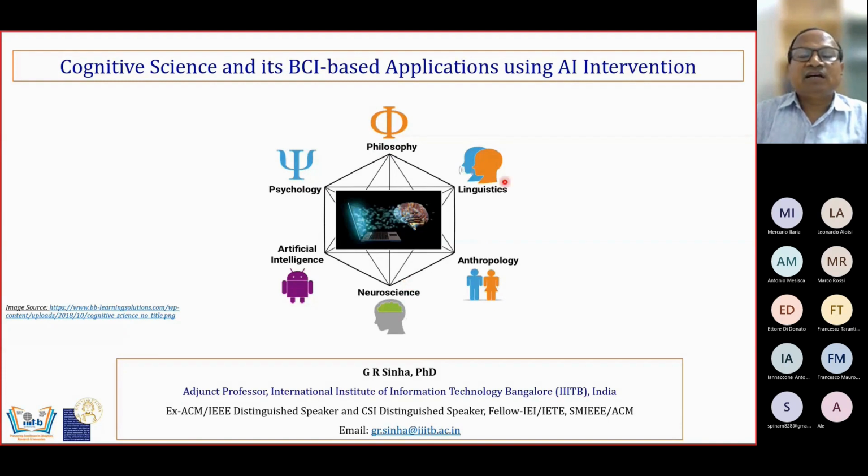The purpose of putting this picture here is to give you an idea of what cognitive science is. BCI alone is not cognitive science. Cognitive science does not only talk about AI and BCI. Rather, AI and BCI are important components of a discipline called cognitive science.